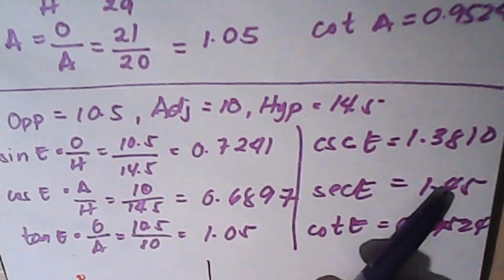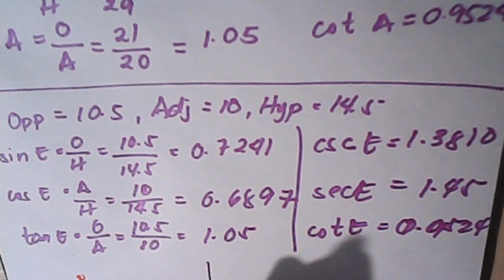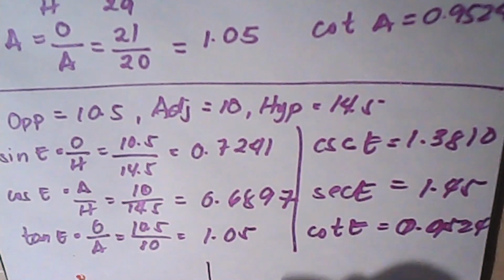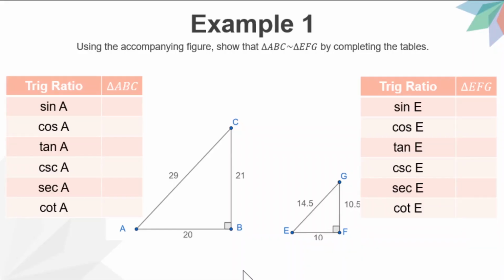Okay. So, you see from our solution that it is true that the two triangles are similar because their ratios are all the same. Okay, so from our solution, we were able to prove that triangle ABC and triangle EFG are similar because their ratios are congruent. Now, let us move to example number 2.